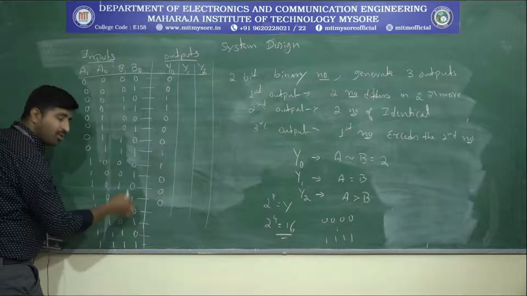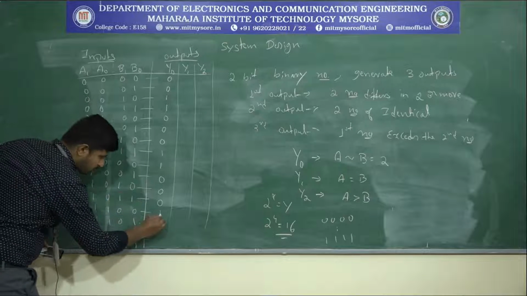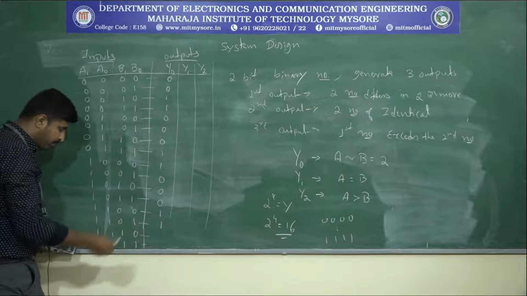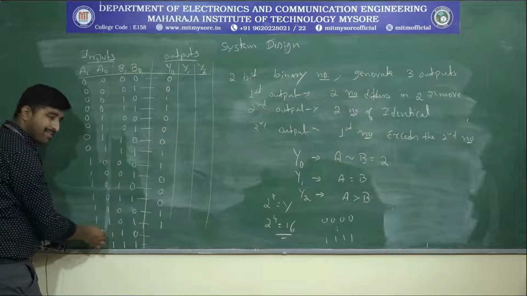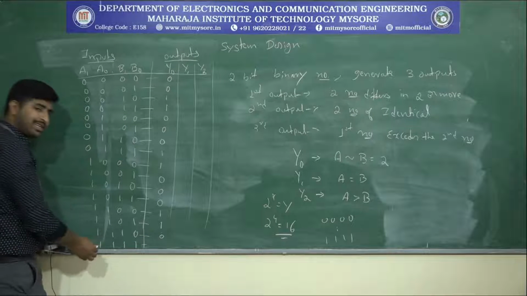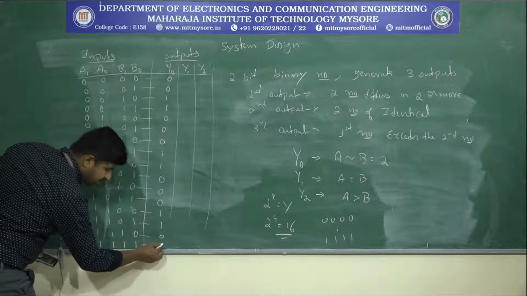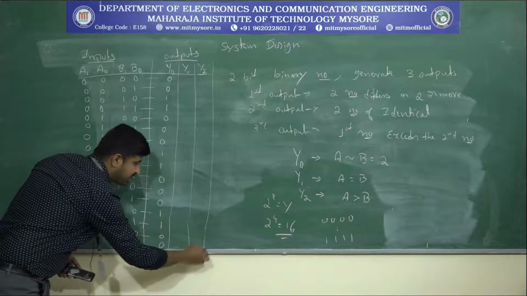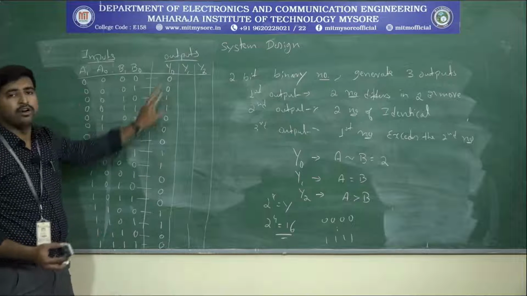Next 3, 0: the difference is more than 2, so the output will be 1. 3, 1: the difference is 2, so the output is 1. 3, 2: the difference is 1, so the output will be 0. 3, 3: the difference is 0, so the output will be 0. This is how we generate the output for Y0.